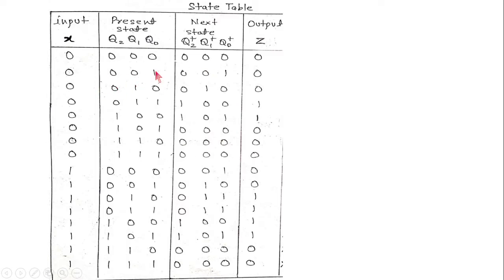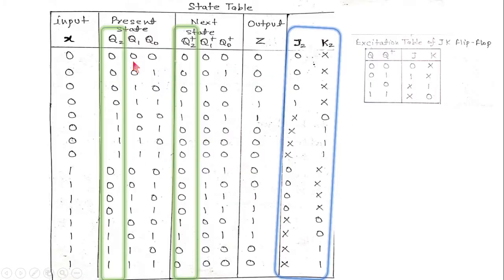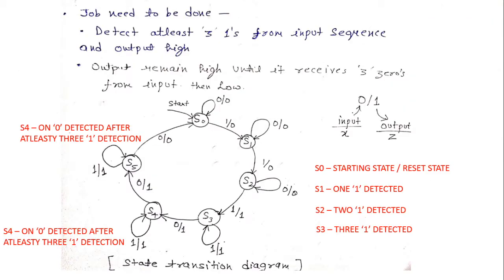When we are in state 1 and our input is 0, we remain in state 1. When we are in state 2 and input is 0, then we remain in state 2. Again S3, when input is 0, it goes to S4.